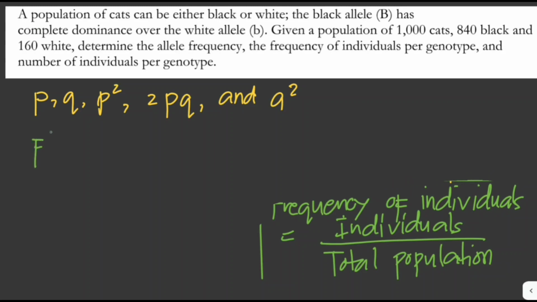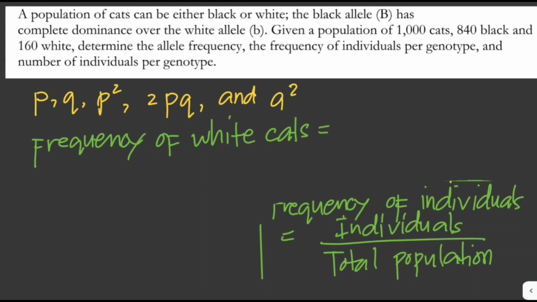Frequency of white cats is just equal to the number of individuals. It's stated in the problem, it's 160, divided by the total population, which is 1,000. So this is just equivalent to 0.16.